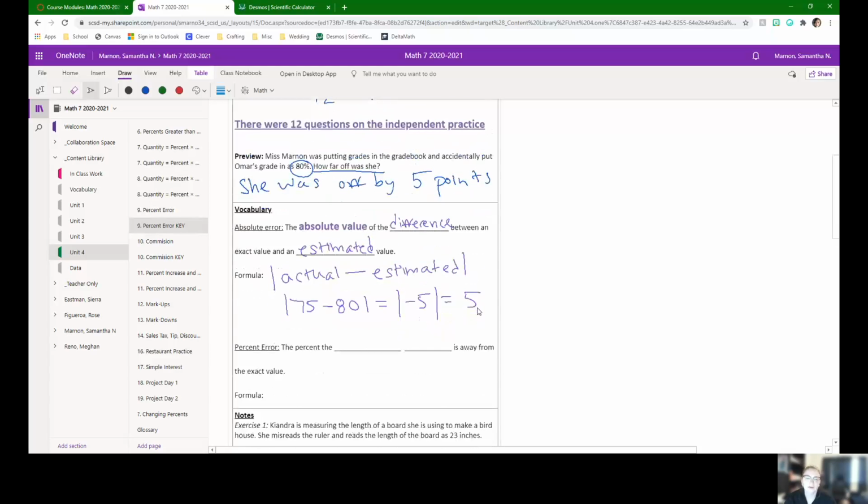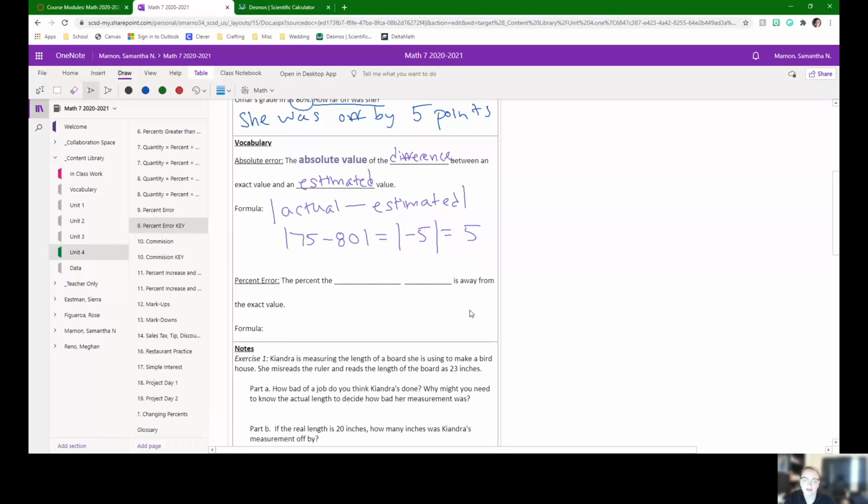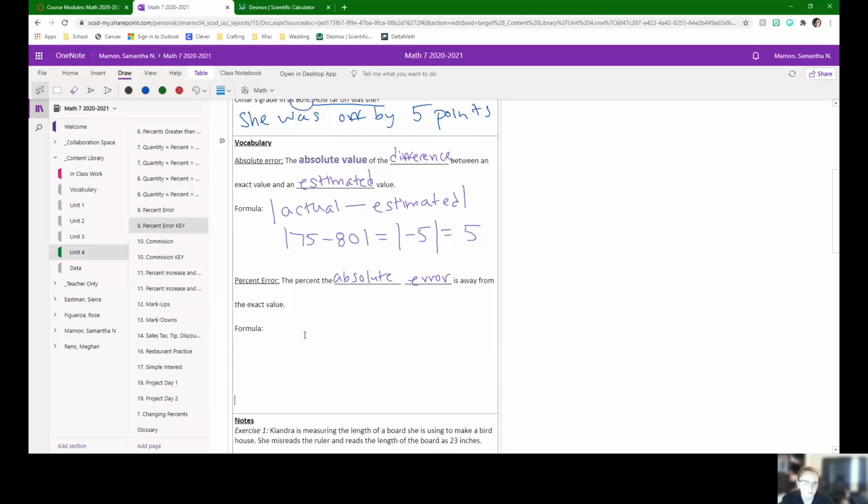Percent error is a little bit different because it's going to give us context. So percent error is the percent the absolute error is away from the exact value. So how we're going to do this is we're going to do the absolute error, and then we're going to have to divide by the actual.